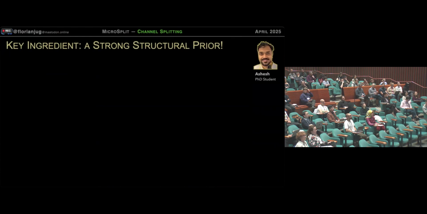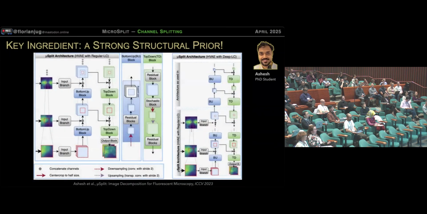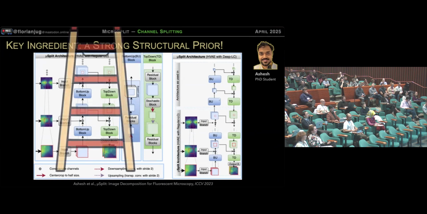So what we need here is a strong structural prior, and this is maybe my most technical slide. This is not UNets anymore, obviously. What we use are variational architectures, something like VAEs, if some of you know them, but we also modified them a bit. First of all, we use so-called ladder VAEs. They have a hierarchy of different levels.